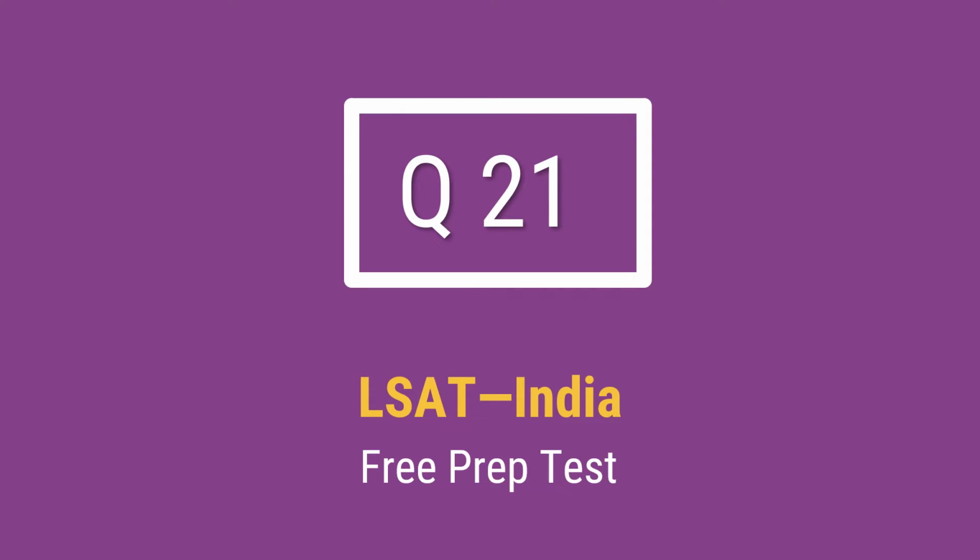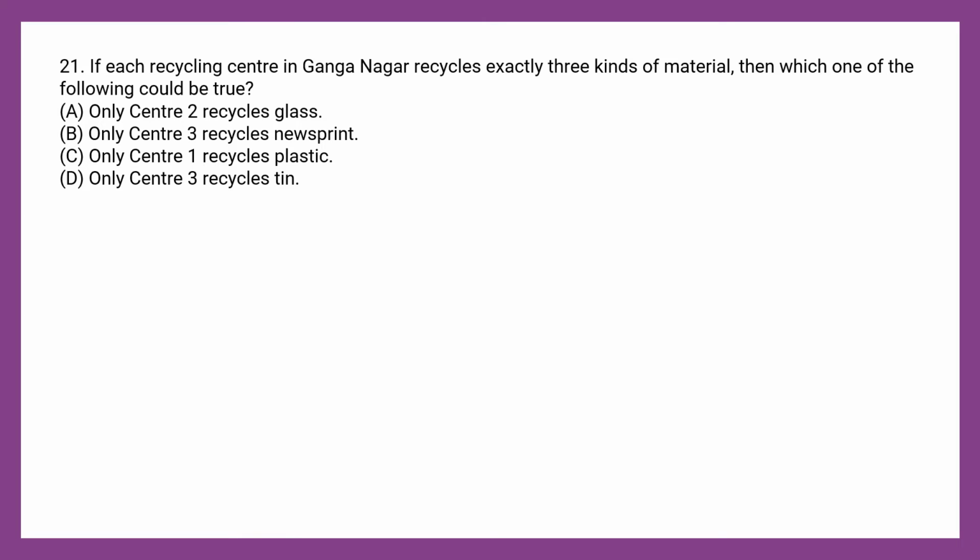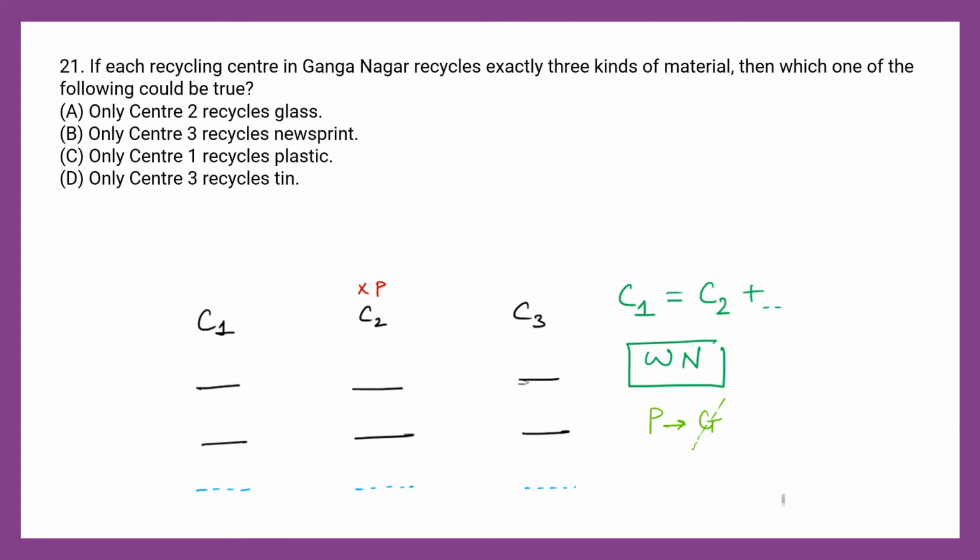Question number 21 says that if each recycling center recycles exactly three kinds of material, then which one could be true?